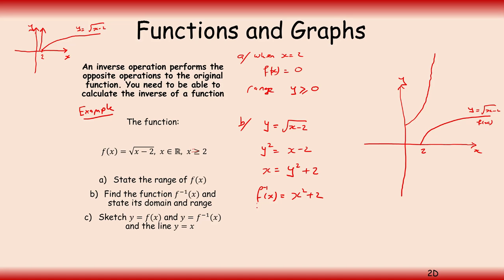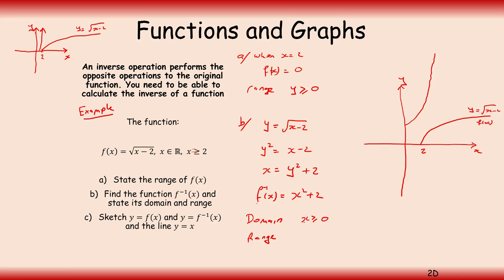Now, the inverse function has a range and domain, which are the inverse of the function. So its domain is the range. So that's going to be given by x is greater than or equal to 0. And its range is the original domain.